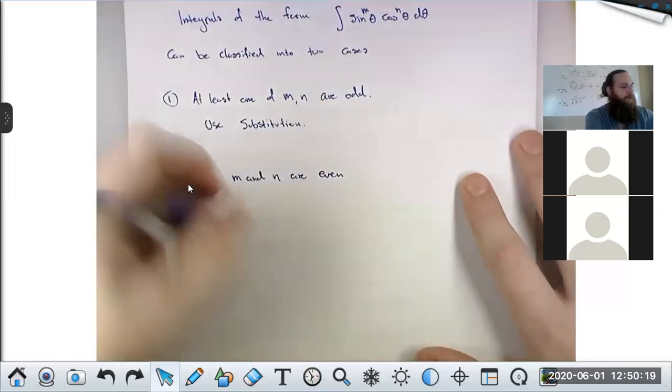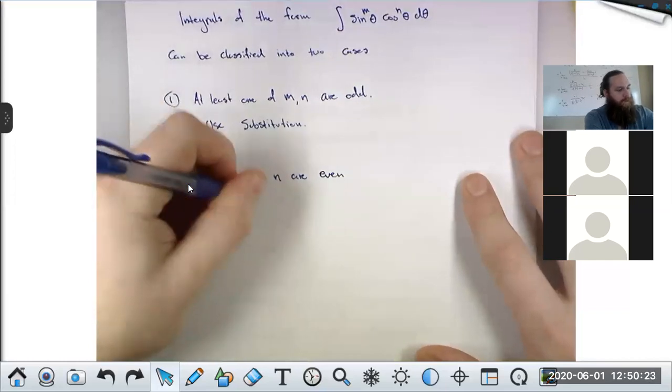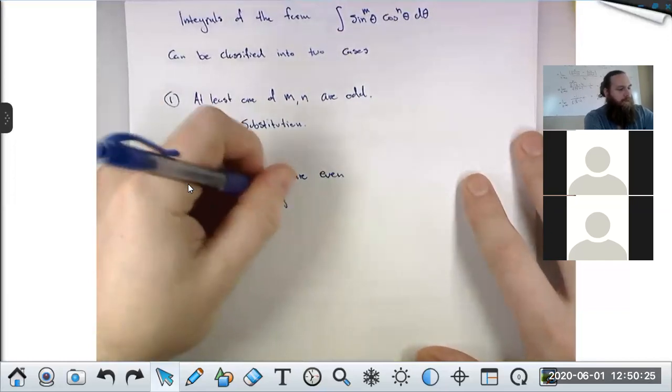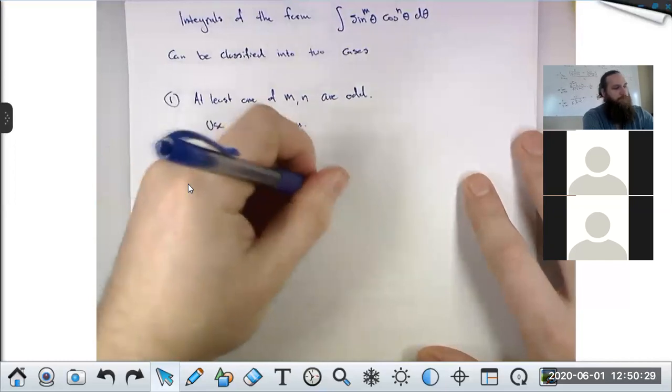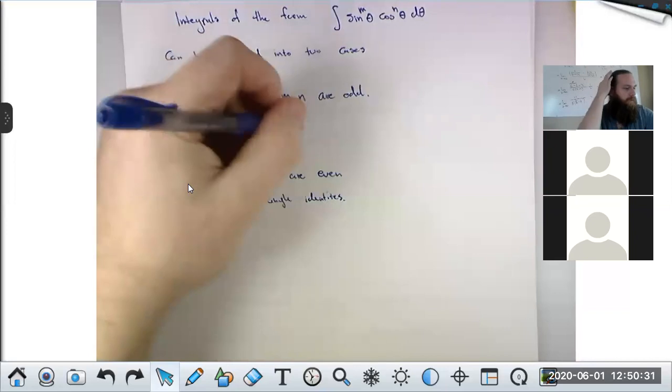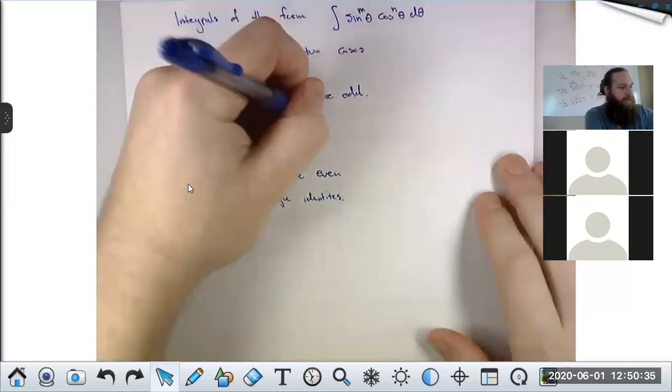And here we will use half-angle identities. The substitution approach will require use of Pythagorean identities.